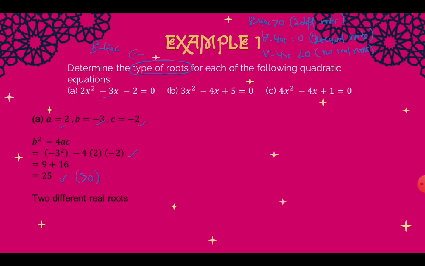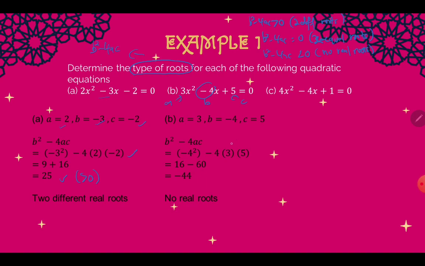Okay, for B, this is our a, this is our b, and this is our c. So determine the values of a, b, c, and then substitute in the discriminant, b squared minus 4ac.